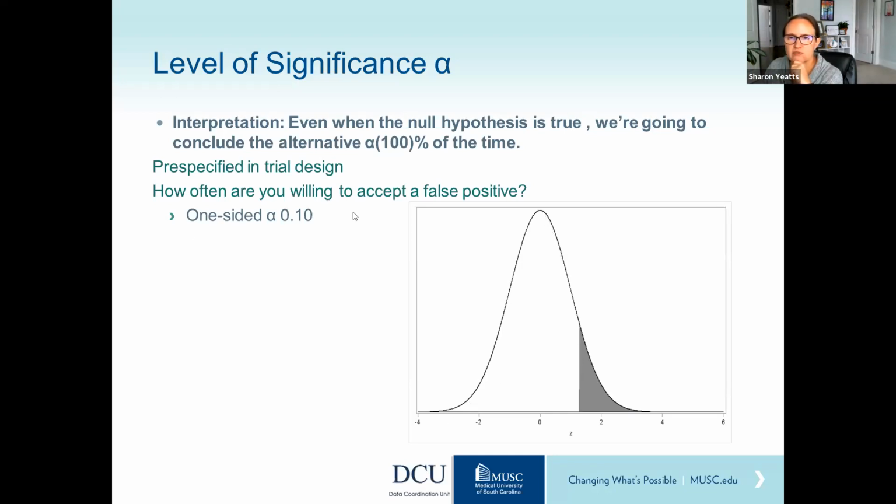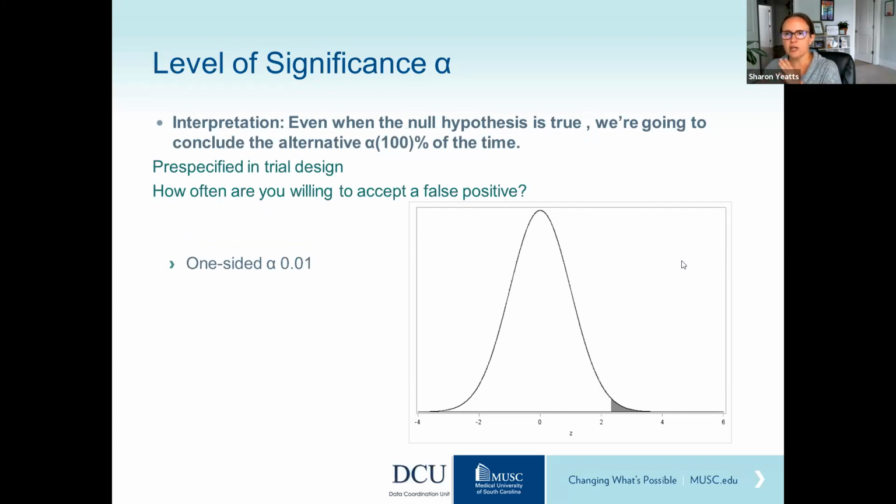Okay, so if we've specified a one-sided alpha of 0.1, what we're saying is that any test statistic that we see in this shaded region is sufficiently inconsistent with the null to lead us to conclude the alternative. Okay, as we reduce the alpha level, that shaded region is going to get smaller.